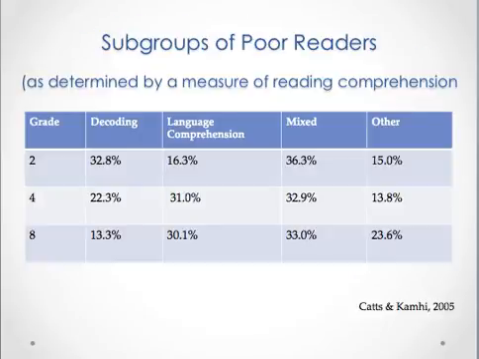And that gets played out empirically. This was a study looking at 600 children, a longitudinal study conducted by Catts and Kamhi. In 2nd grade, the way you read this chart is that those who did less well on measures of reading comprehension did less well because of either poor decoding, poor language comprehension, or both, or some other variables, in some cases unrelated to language.